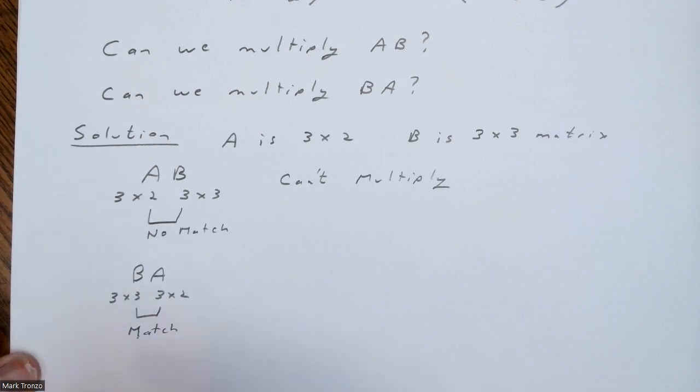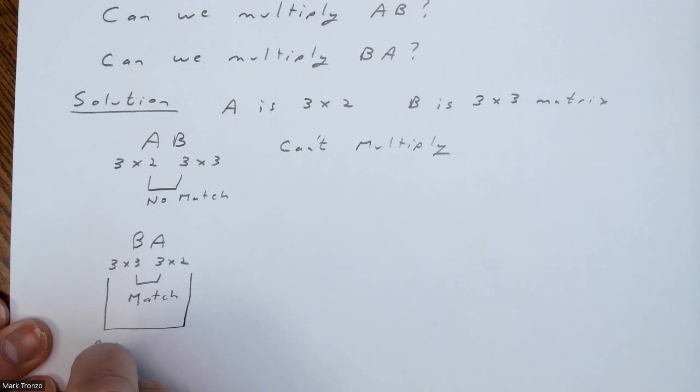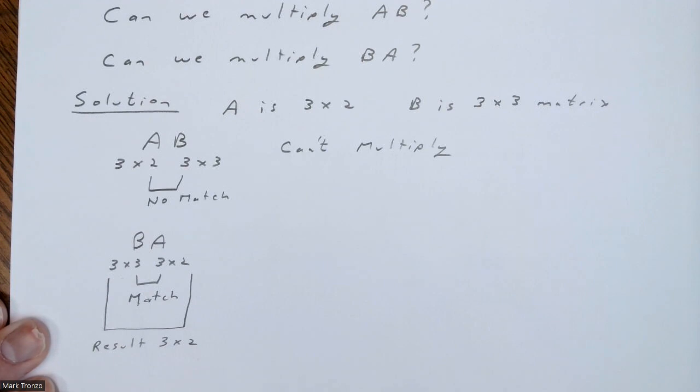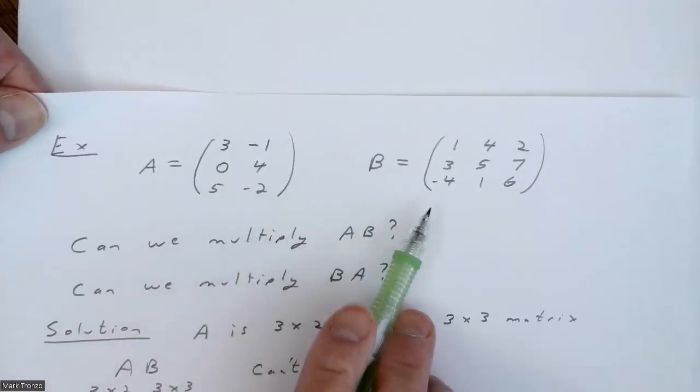And the resulting size of the new matrix will be a 3 by 2. So let's actually go ahead and multiply these two matrices. Let's multiply B times A that we had up here.